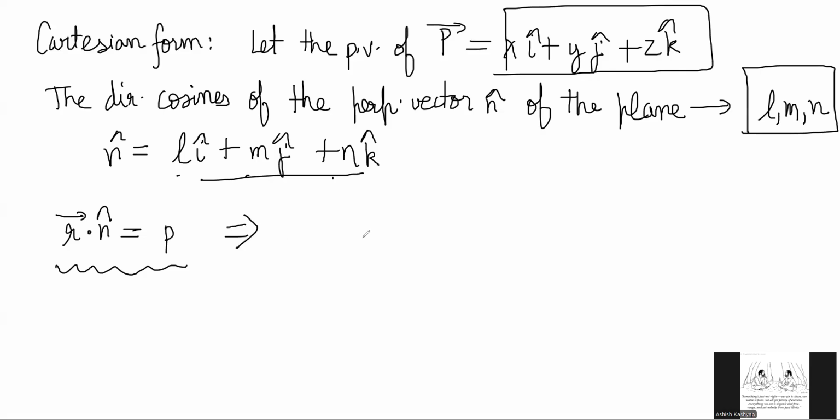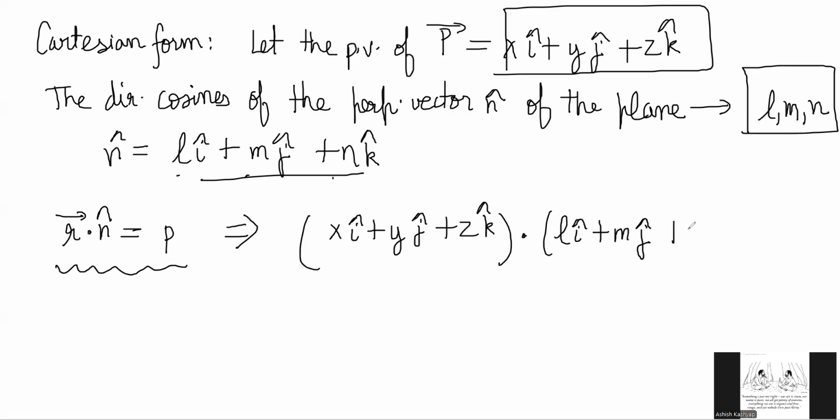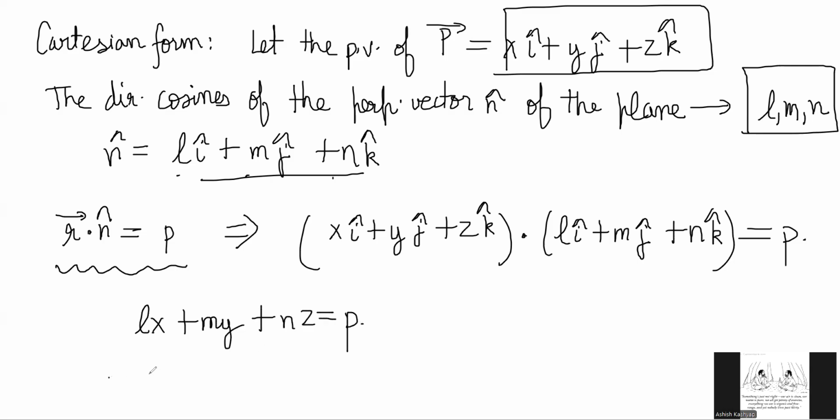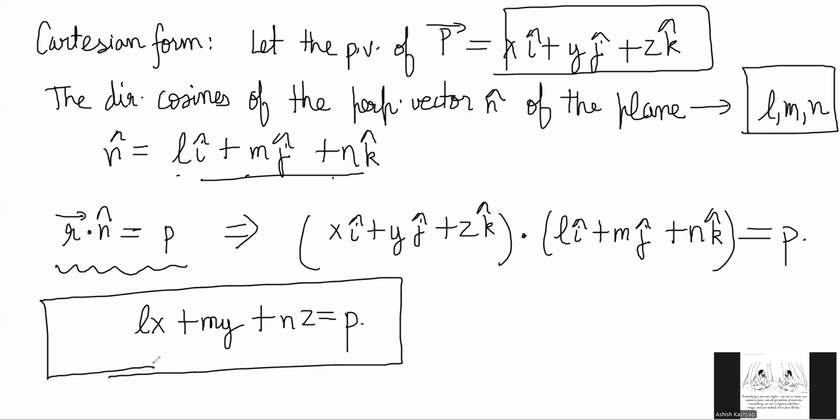Now from here we get x i cap plus y j cap plus z k cap dot product with L i cap plus M j cap plus N k cap, and that should be equal to the length of the perpendicular P. So you'll get Lx plus My plus Nz is equal to P. And this form of the plane equation is known as the normal form.